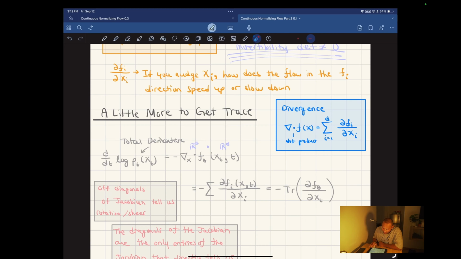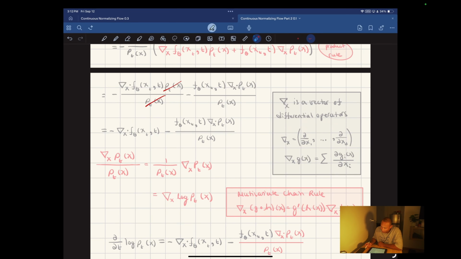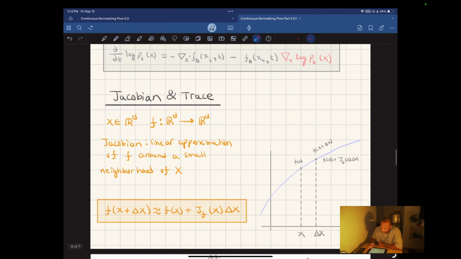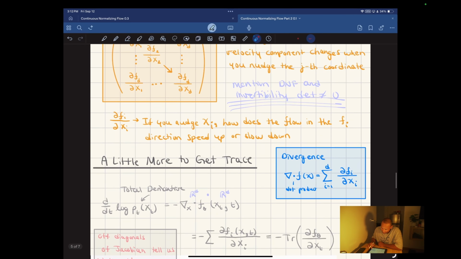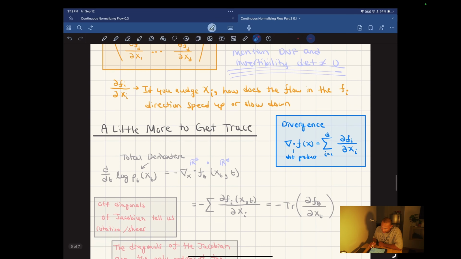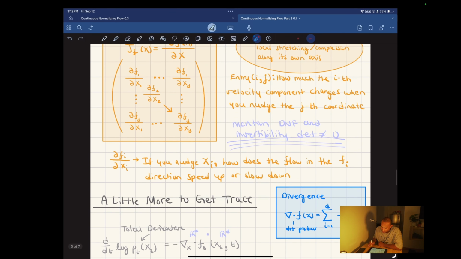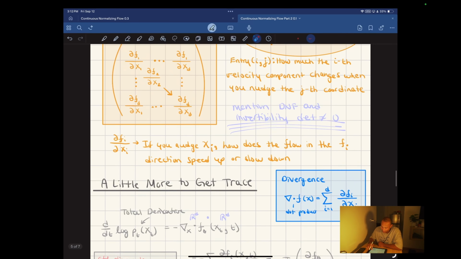We have this nabla, which we established is a vector of differential operations, these partial derivatives. So the nabla dot product with our neural network, our velocity vector, is a simple dot product. We see that this is equal to the trace of the Jacobian.